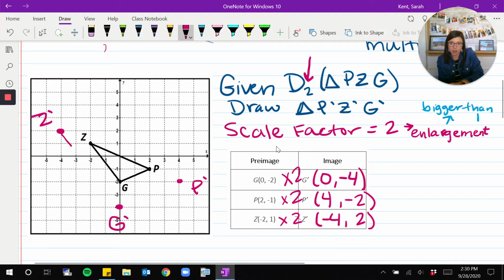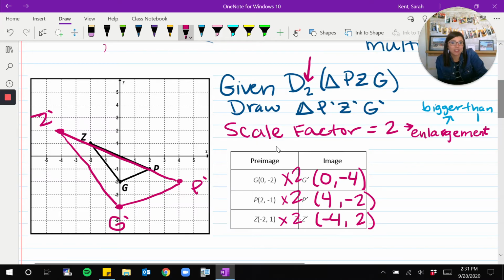And so then you can see our new triangle. You can see how here it's larger than the old one. So those are dilations. It's getting bigger or getting smaller. This is the only one that changes size. Reflection, rotation, translation, all the picture just shifts, slides, flips.